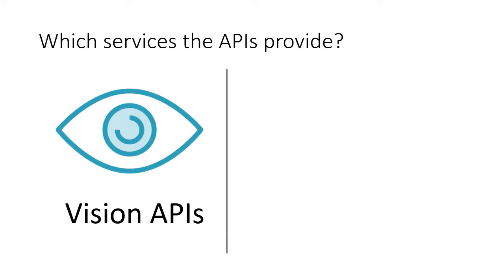One of the groups of APIs we have available is the Vision APIs. This group of APIs allows you to identify and analyze contents within image, video, and digital ink. So we start with the computer vision service that allows you to process and analyze content in images and return relevant information describing and classifying the image.